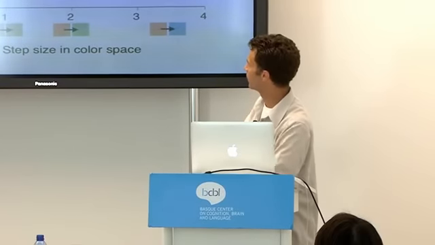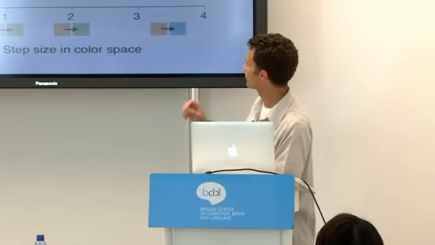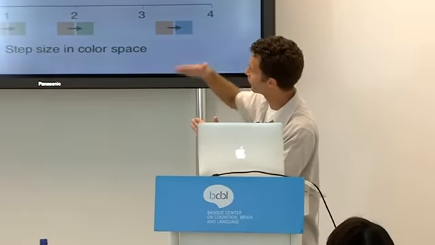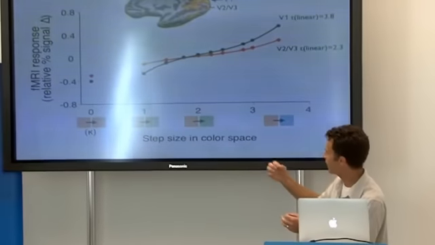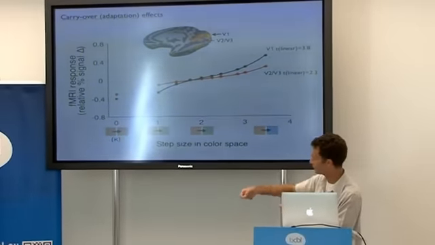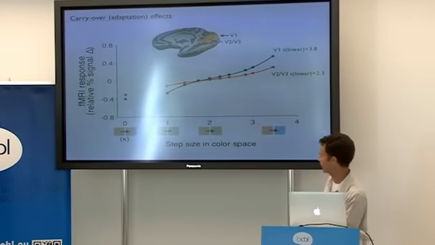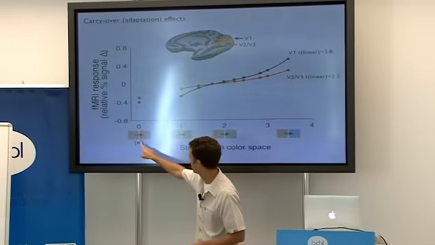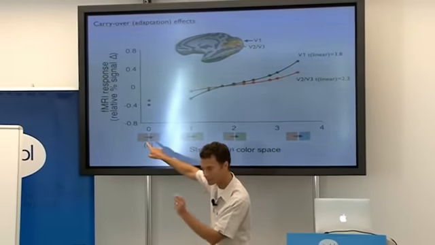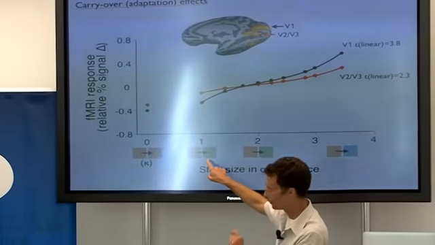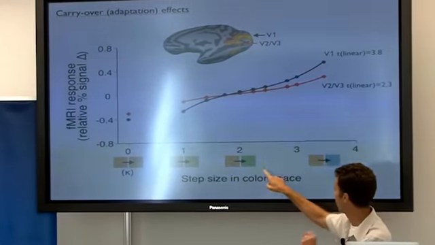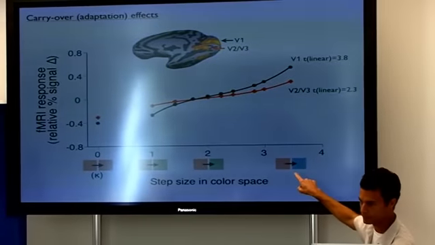But then we can create a plot of how big the fMRI response was as a function of the size of the change in color. For example, down here is where the color was exactly the same from one trial to the next, and this is where there was a small change, a medium change and a large change in the color.